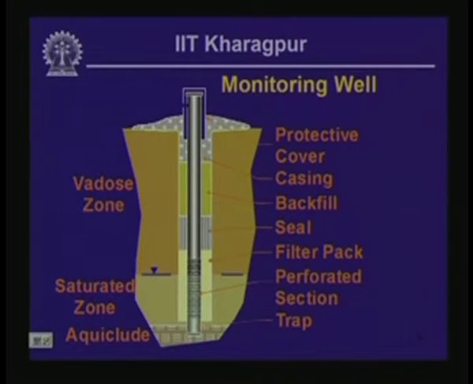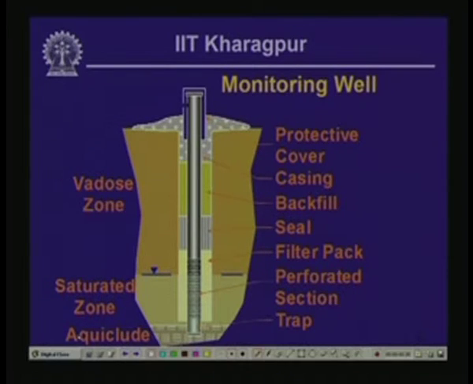Let us go from the top. At the top end of the casing you can see a cap, and there are two vents on the left side of this sketch, and these vents are provided in order to give vent to any gases that might be present in groundwater.